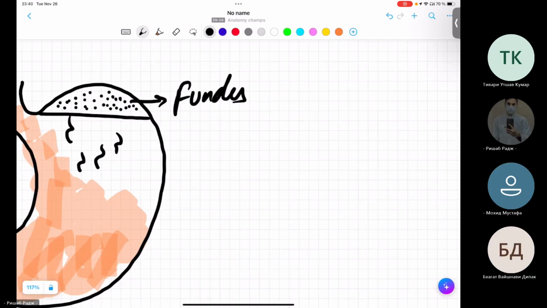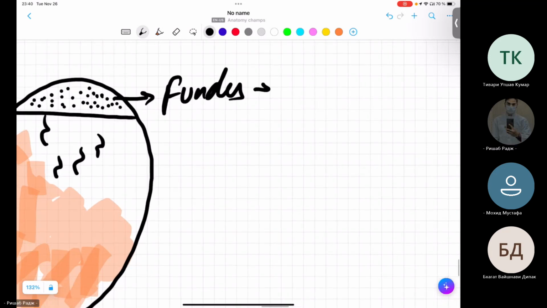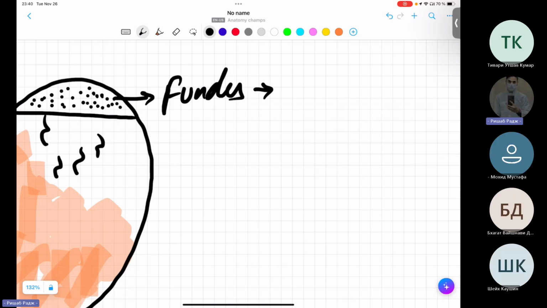And if someone has lots of gas, like he eats something and now his stomach is full of gas, so there is some problem. He will feel a lot of pain, and where will the pain be?